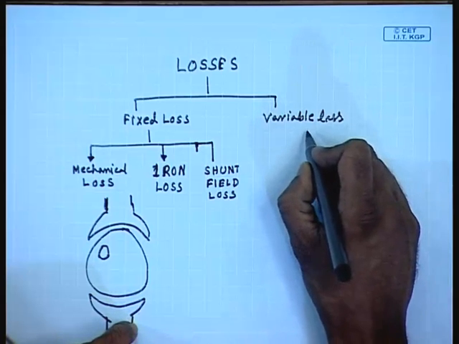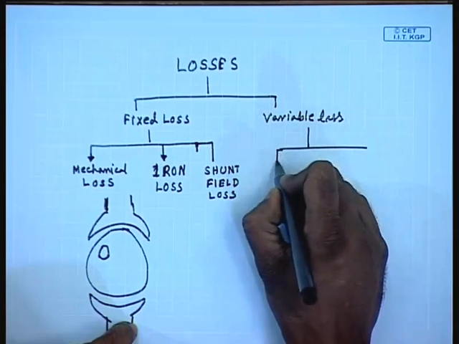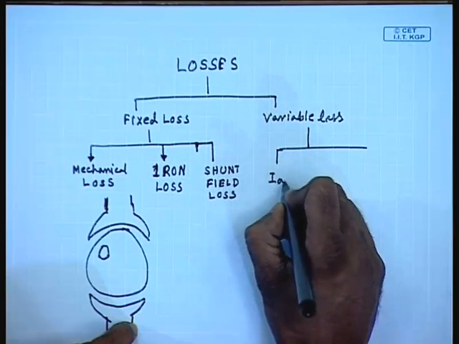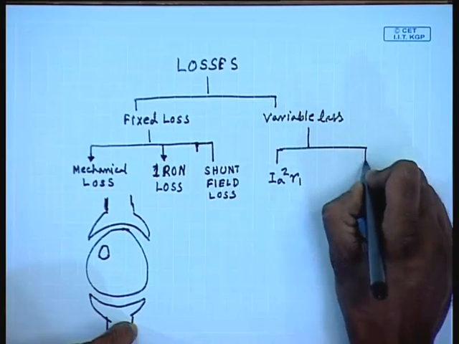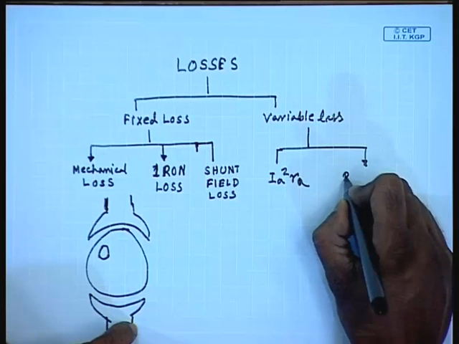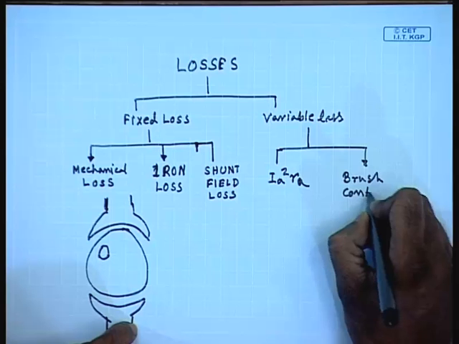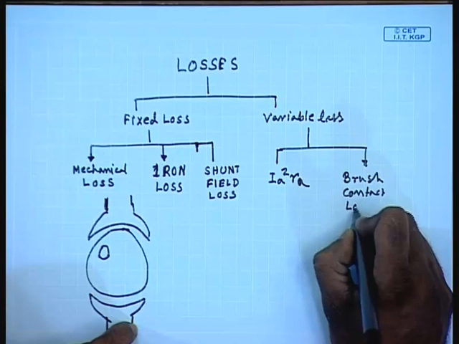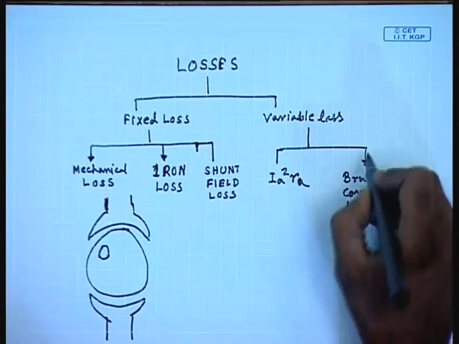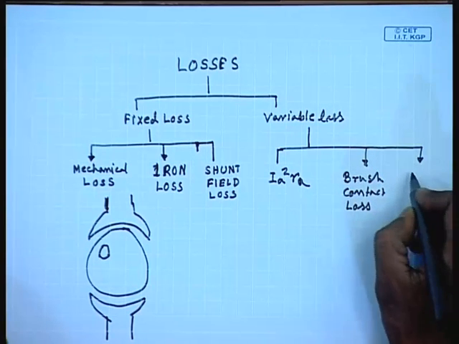The variable loss is mostly the Ia square Ra and the brush contact loss. In addition to this, there is something called the stray load loss.